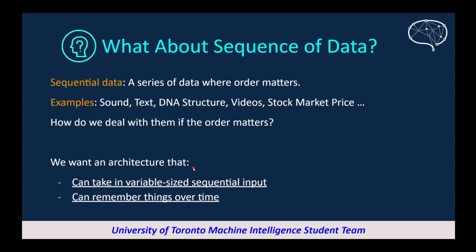Using the paragraph example once again, the sequence of the words actually matters. When the model is processing the next word, it should probably remember the first few words, all the way back to the first word, so that it can figure out the meaning of the whole sentence and the coherency throughout the whole paragraph.